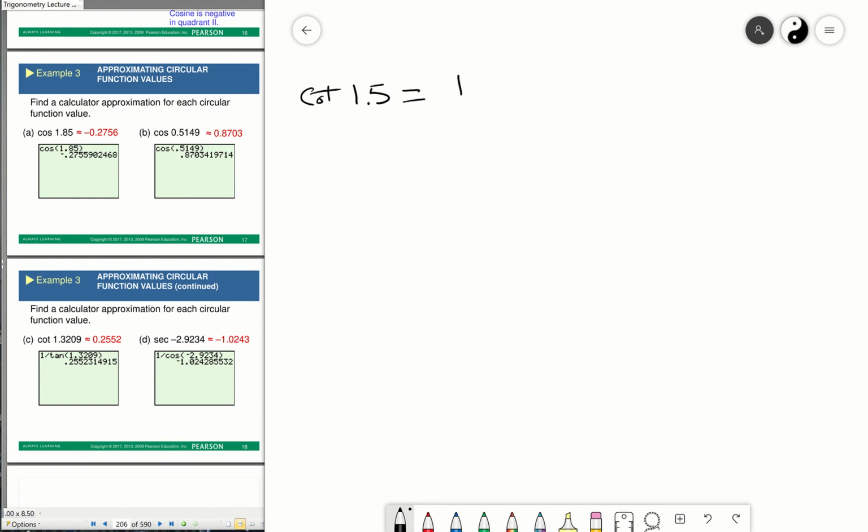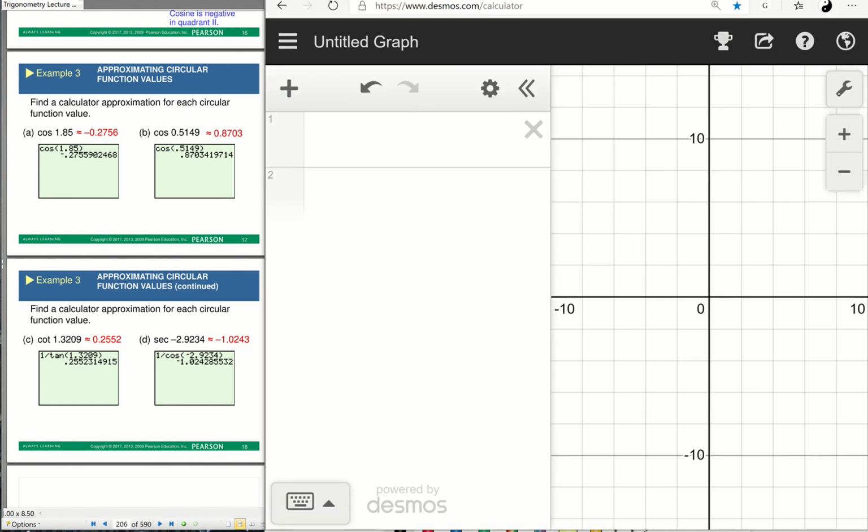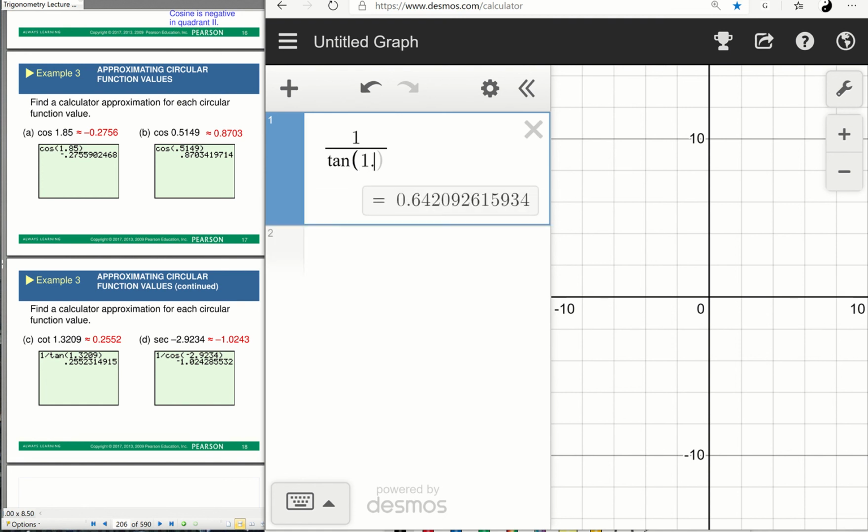So you're just going to go 1 over the tangent of 1.5, and that's what you would enter into your calculator. So we're going to go 1 divided by tangent of, in Desmos you can just type TAN and it'll recognize it as tangent of 1.5, and that's where you find the answer for something like that.